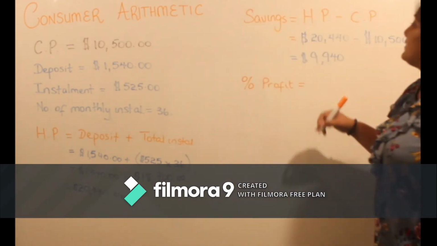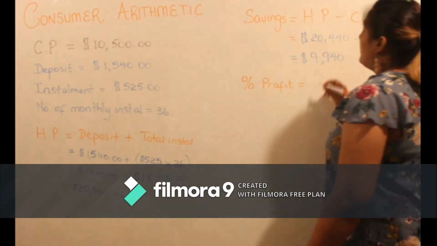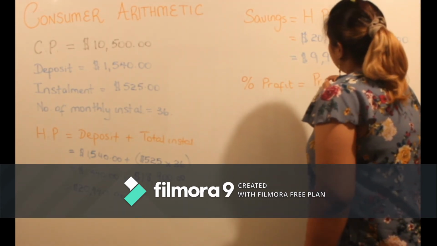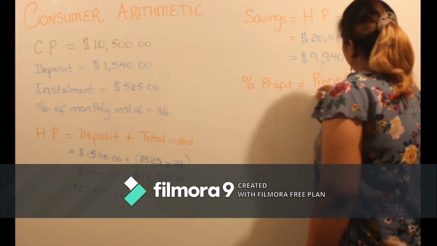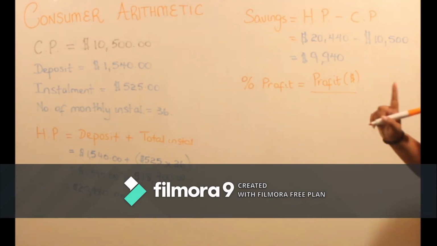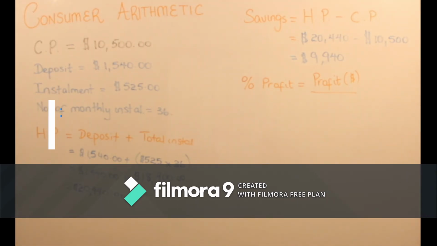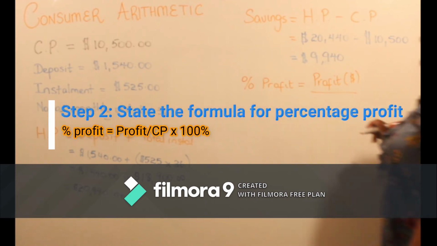Our percentage profit is calculated by finding our profit in cash and dividing it by the cash price.